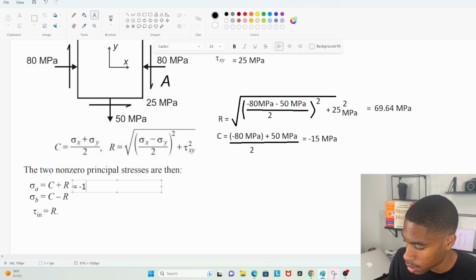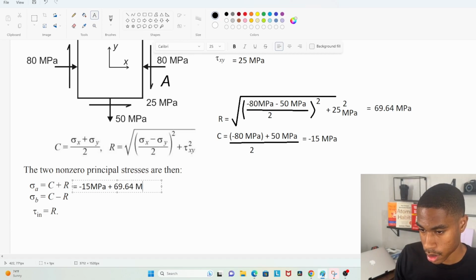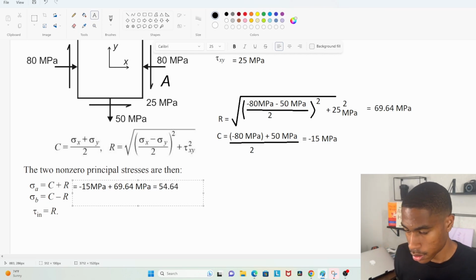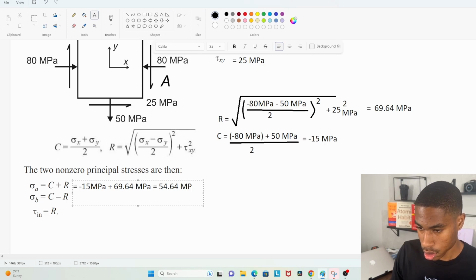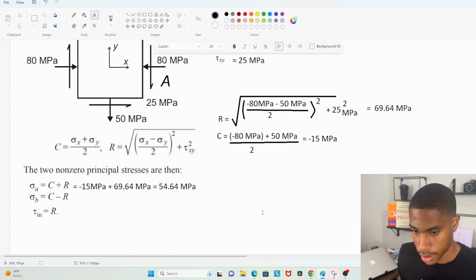Negative 15, plus R, which is 69.64 megapascals. And what does that give us? 54.64. So we have one of our principal stresses, which is 54.64 megapascals.